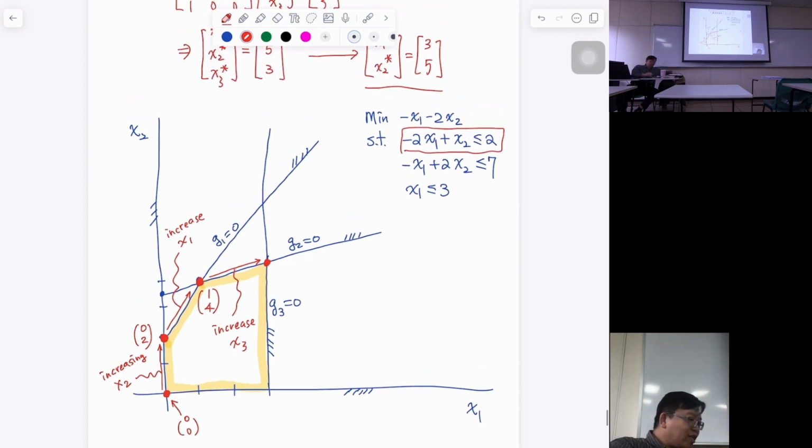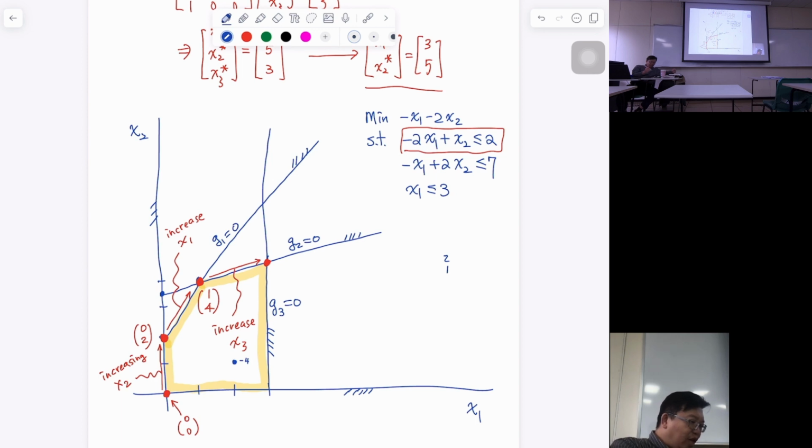And if we take a look at the objective function and try to draw a contour of the objective function, you will realize one thing. If I plug in 2 and 1, that's -4. 2 and 1, this is -4.